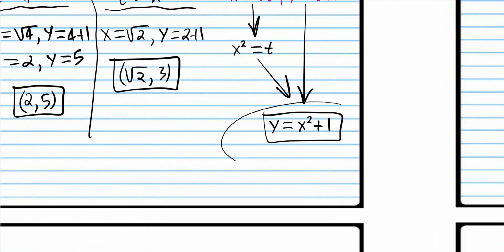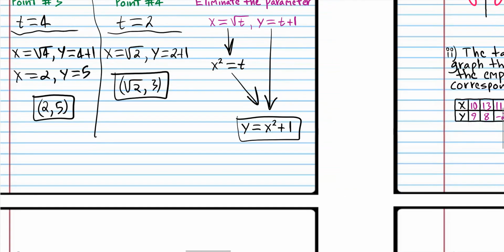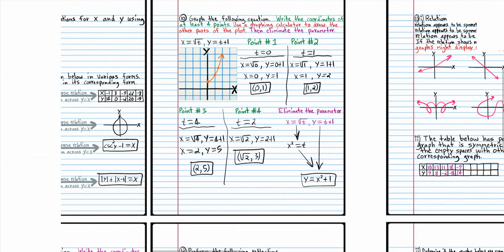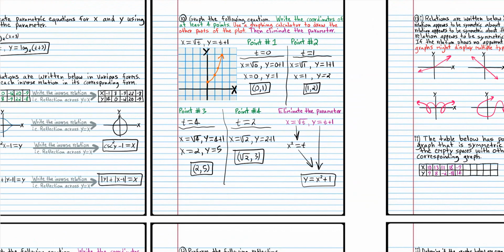Again, if you wanted to make the graphs perfectly aligned, then you would have to write x has to be greater than or equal to 0. But if you got that graph and those points and this equation down here, or the root version of the equation, good job.